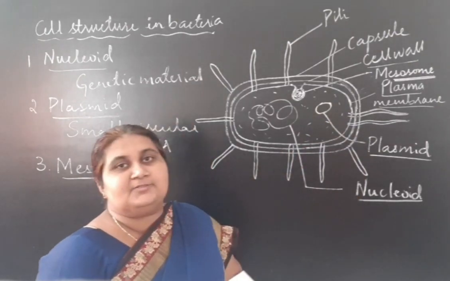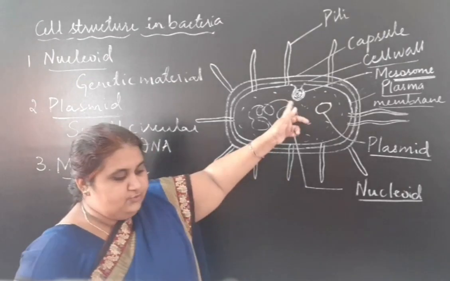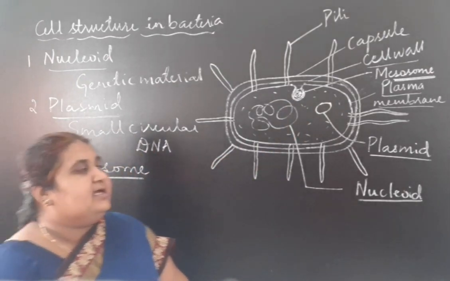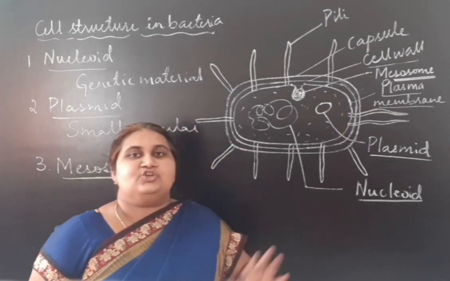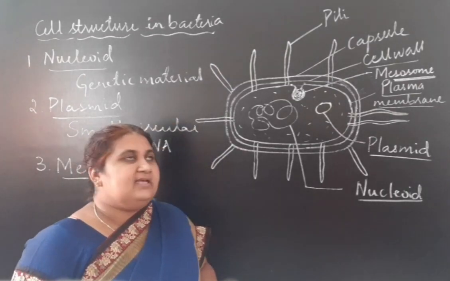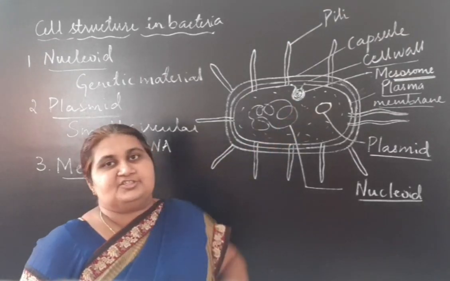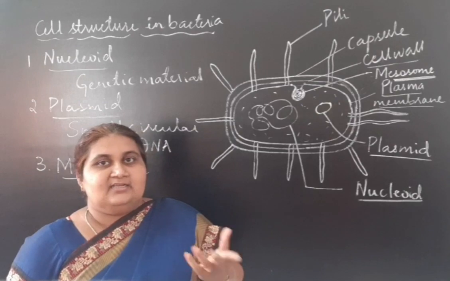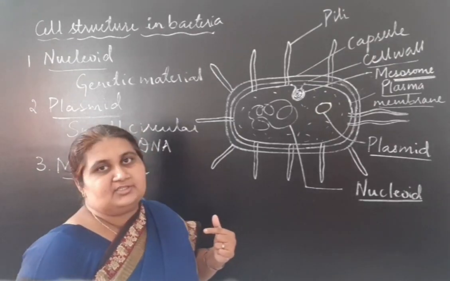What is the function of a mesosome? Mesosome helps in respiration, exchange of gases, as well as helps in cell division, which you will come across in reproduction. Cell division itself is a mode of reproduction.